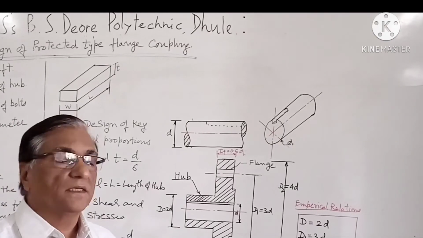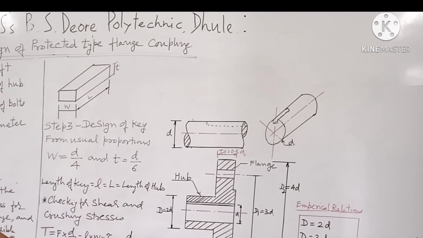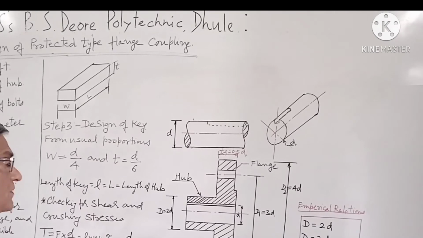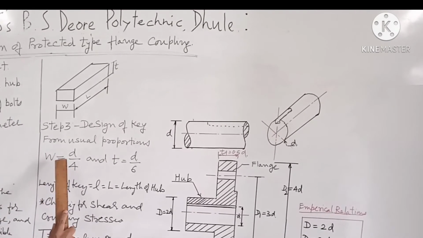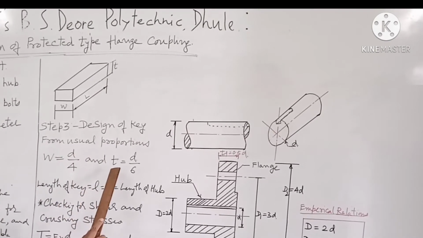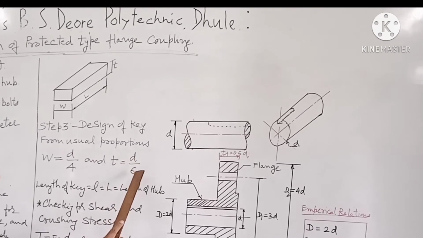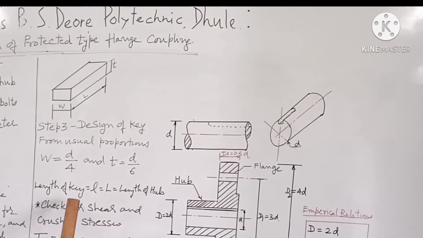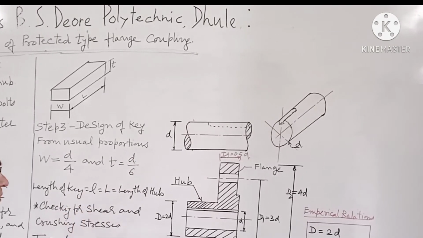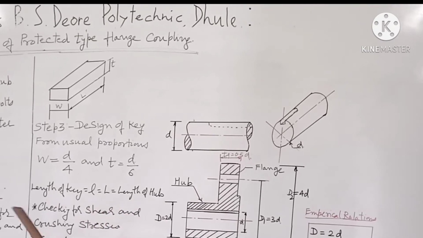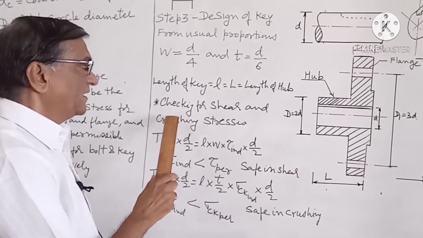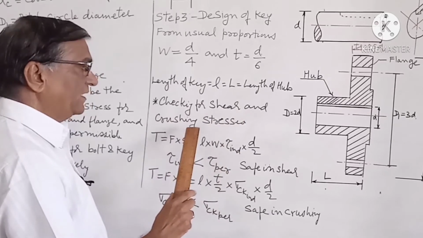Now step third, design of key. From usual proportions, w, width of the key, is taken as d by 4 and thickness of key t is taken as d by 6 and length of the key is taken equal to the length of hub, capital L. Now checking for shear and crushing stresses.